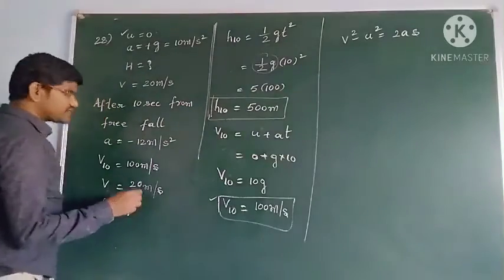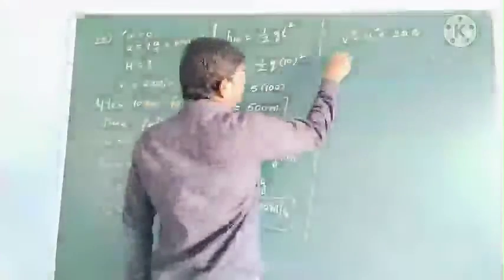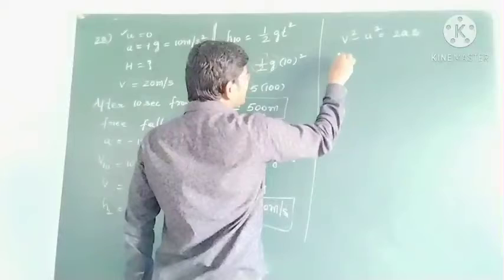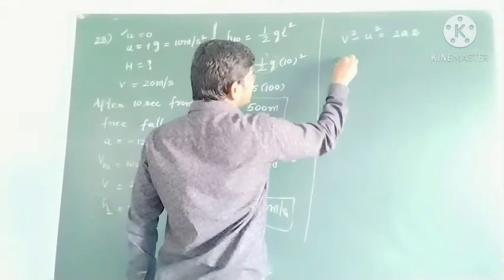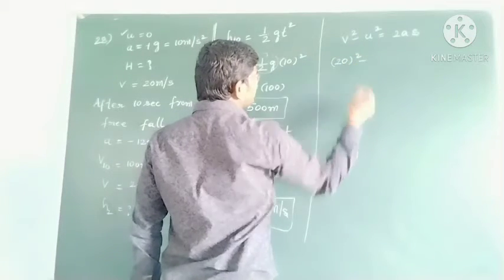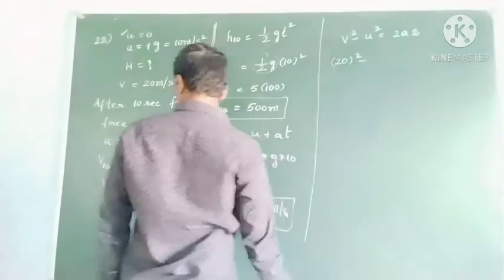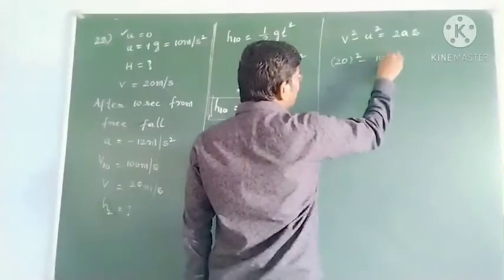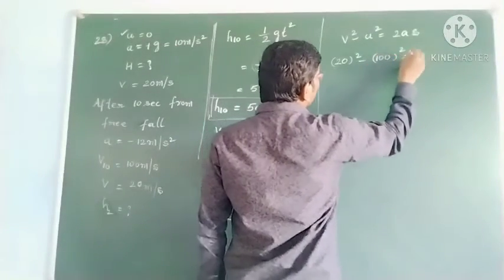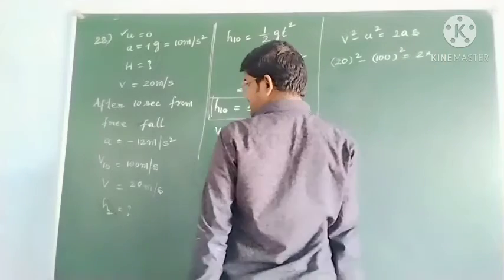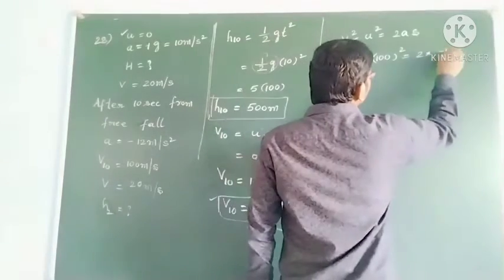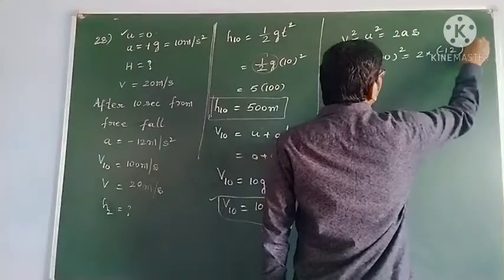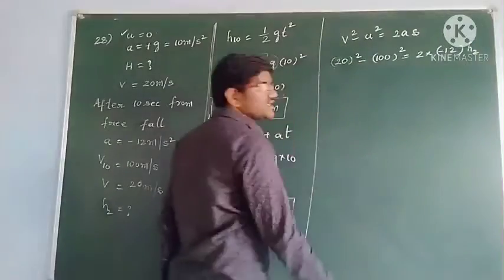So v is 20, so we will write here 20 square, and u is 100, so 100 square, is equal to 2 into retardation, which is 12, minus sign for retardation.